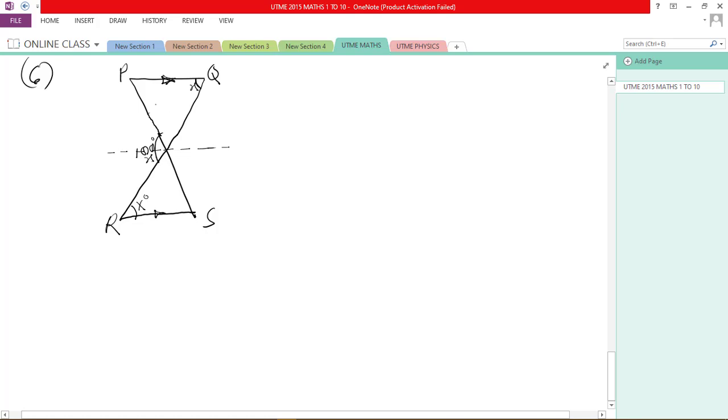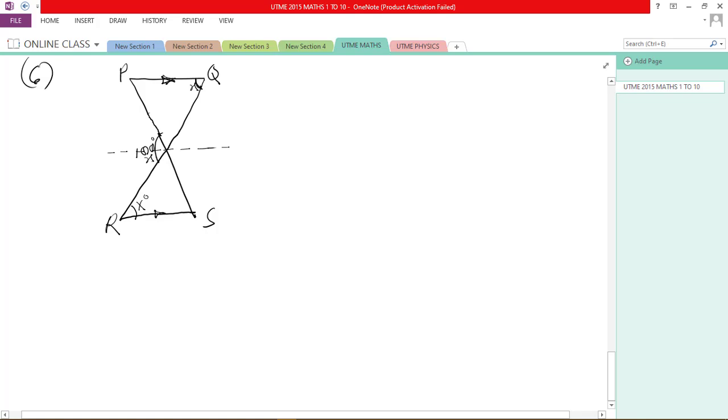Then from what we have there, sorry for the interruption there. So we can easily see that we have parallel angles here.